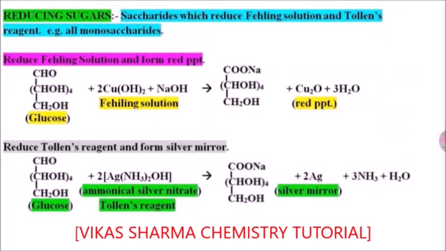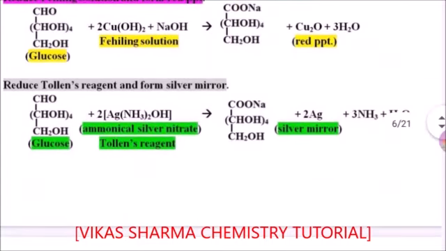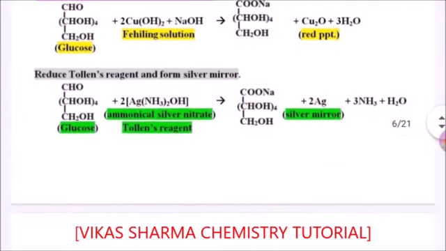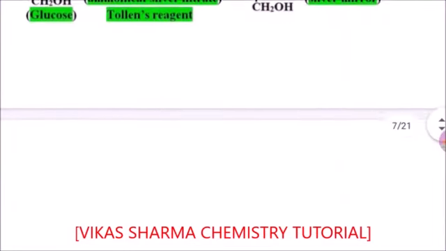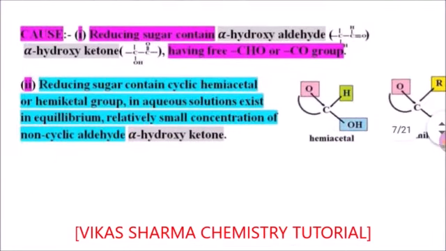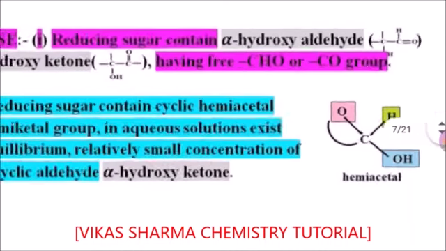All the monosaccharides are considered reducing sugars. Among the disaccharides, maltose and lactose are considered reducing sugars, but sucrose is not counted. So what is the cause behind monosaccharides reducing Fehling's solution and Tollens' reagent? The first cause is that reducing sugars contain alpha hydroxy aldehyde and alpha hydroxy ketone.